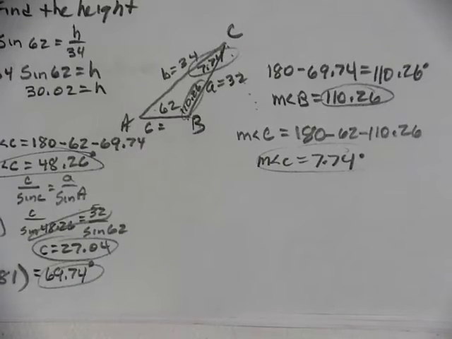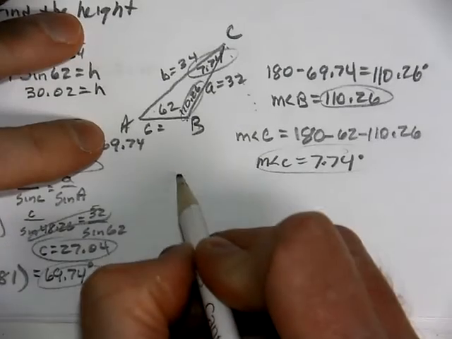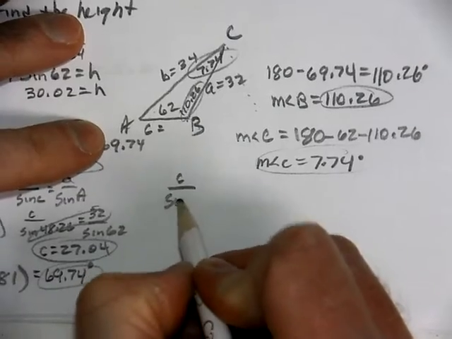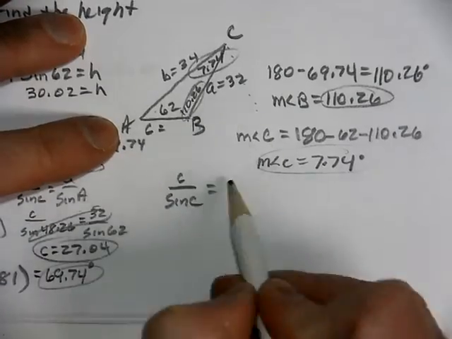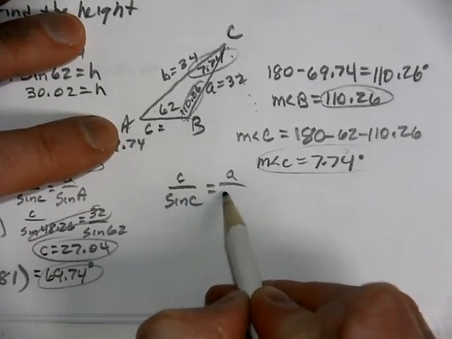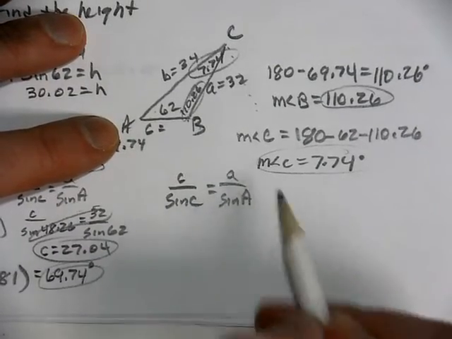Okay, what's our last thing we need to solve for? Side C, and we solve for side C the same way that we had been solving in the past. We can use law of sines because the two bits of information we have are the A's.